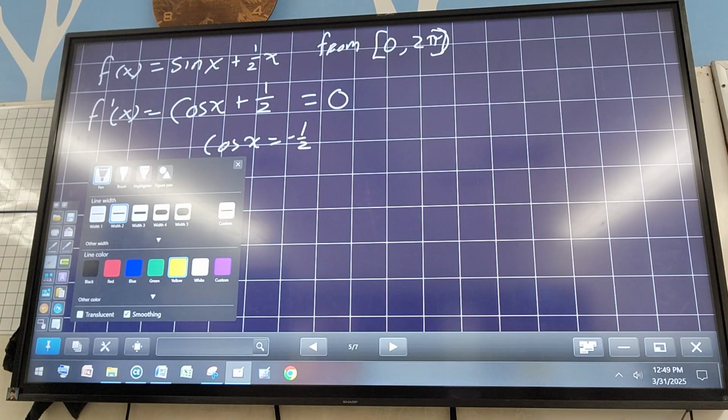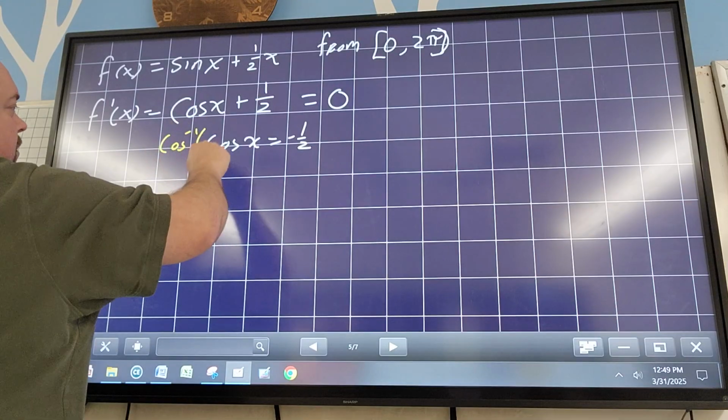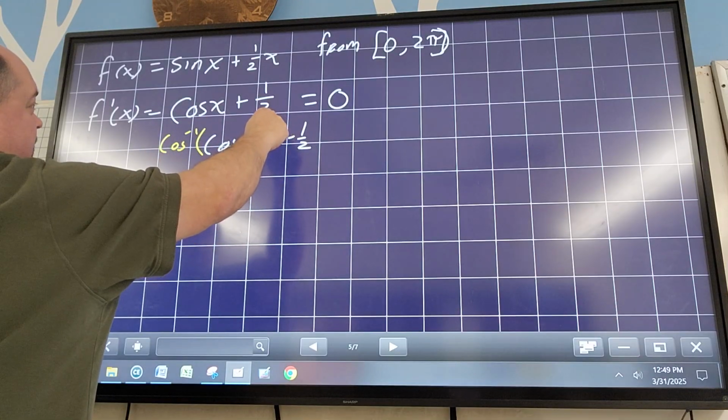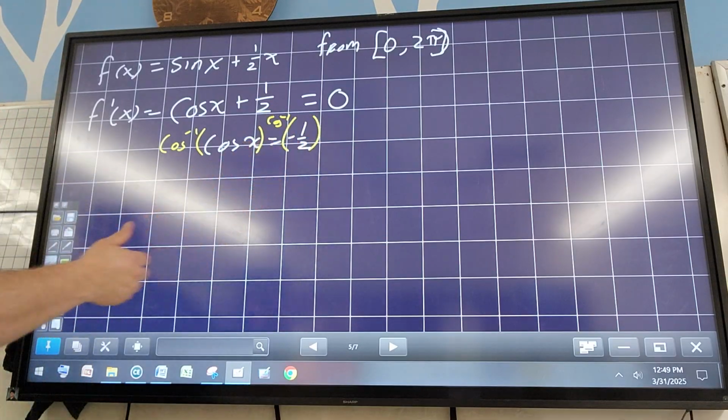Inverse function. In this case, inverse cosine. Not cosecant, that's a different thing. Yeah, it's just inverse cosine.